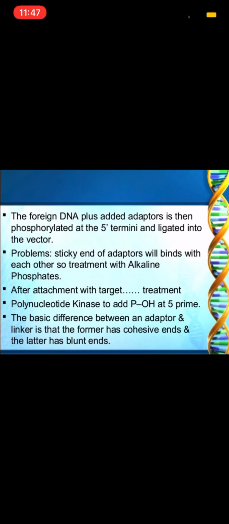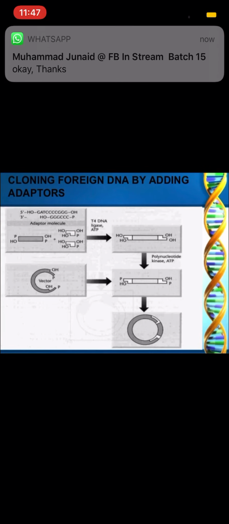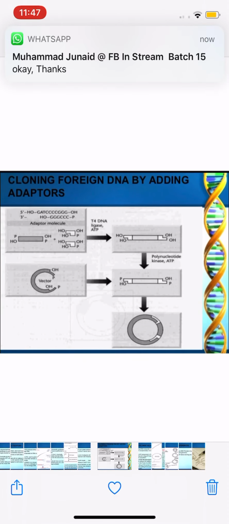After attachment to the target, treatment with polynucleotide kinase adds phosphate at the 5' end. Okay, phosphorylation of the hydroxyl at 5'. The basic difference between adapter and linker is that the adapter has a cohesive end and the linker has a blunt end.